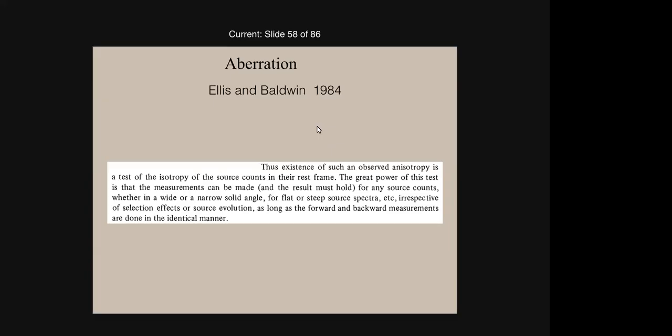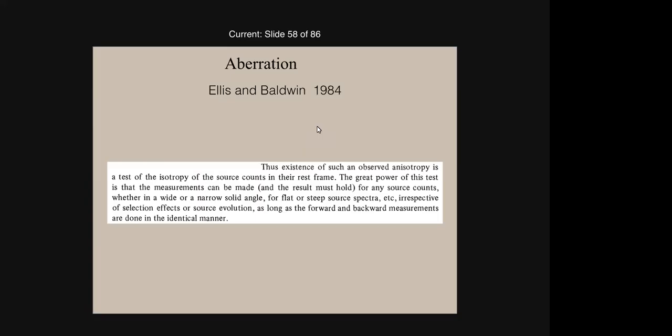So thus the existence of such an observed anisotropy is a test of the isotropy of the source count in the rest frame. The great power of this test, this is the Ellis and Baldwin aberration and Doppler boosting test, is that the measurement can be made and the result must hold for any source counts, whether in a wide or a narrow solid angle, for flat or steep source spectra, etc., irrespective of selection effects or source evolution, as long as the forward and backward measurements are done in the identical manner.